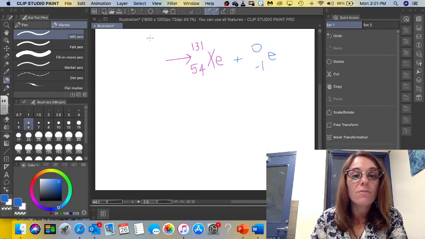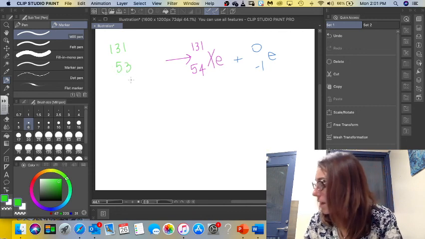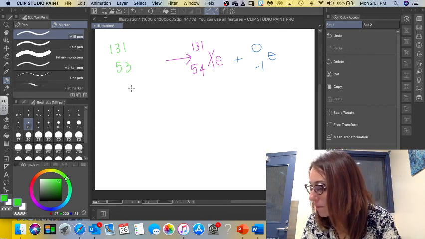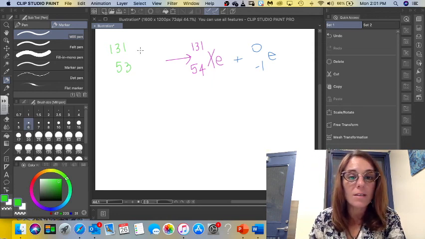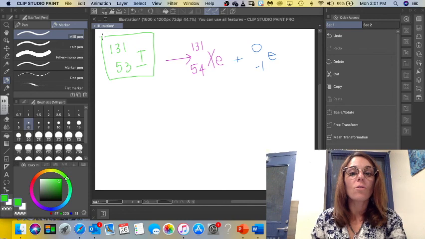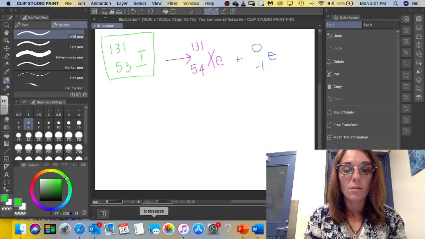So now I need to figure out what we started off with on the reactant side. 131 plus 0 is 131. 54 minus 1 is 53. If you look on your periodic table, element number 53 is iodine. So this was our answer, or our original isotope.